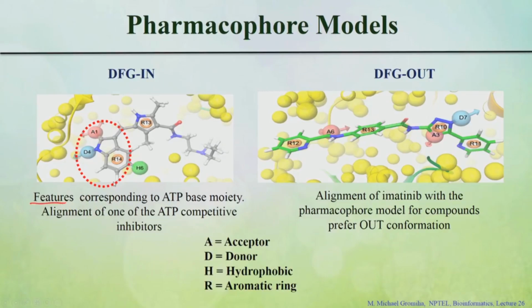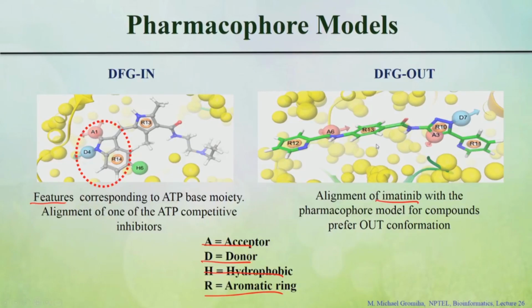So, in this case if you see what are the possibilities of different types of compounds. For example, here A is the acceptor, D is the donor, H is the hydrophobic and R is the aromatic ring, right. So, this is another example for the DFG out, this is the alignment of imatinib, right, and you can see the pharmacophore model for the compounds which prefer the out conformation.